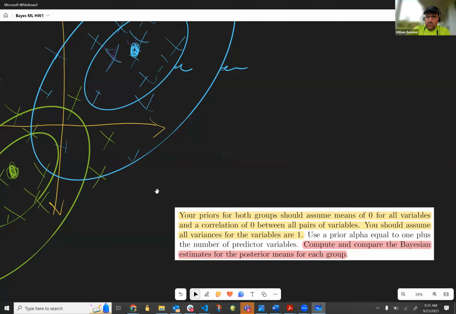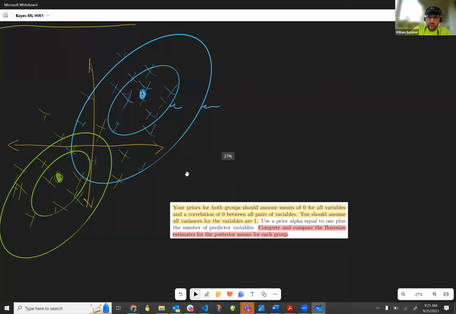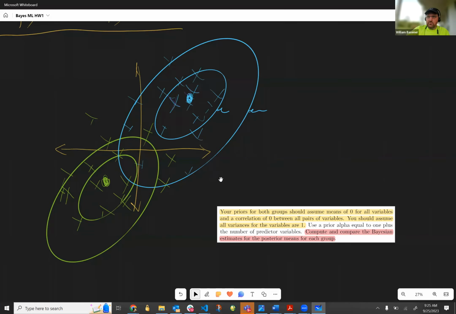Okay. So let's talk about how we incorporate the priors into this and what we're doing. The prior is like a probability distribution on our parameters before we do any analysis, right? You just have to remember that our posterior probability distribution is going to be a multivariate normal distribution, and it's going to be a distribution for the means.